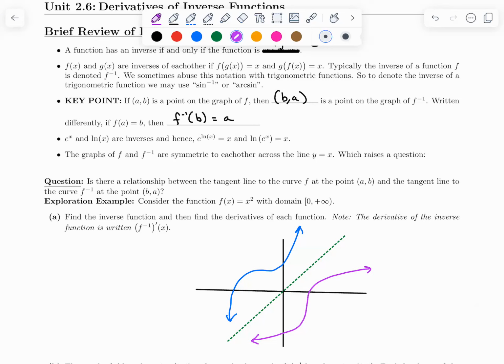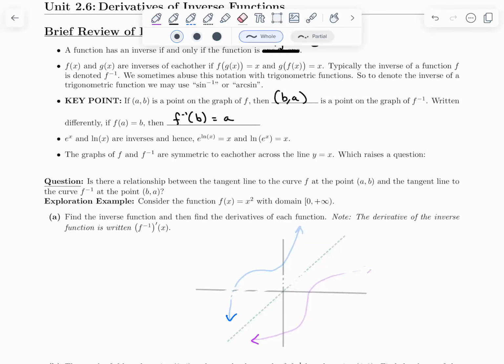I mean, they will intersect eventually, but they're symmetric. So that raises a question of whether there's some relationship between their tangent lines at corresponding points. Like the tangent line at (a, b) and the tangent line at (b, a), the flip point, the point on the inverse.